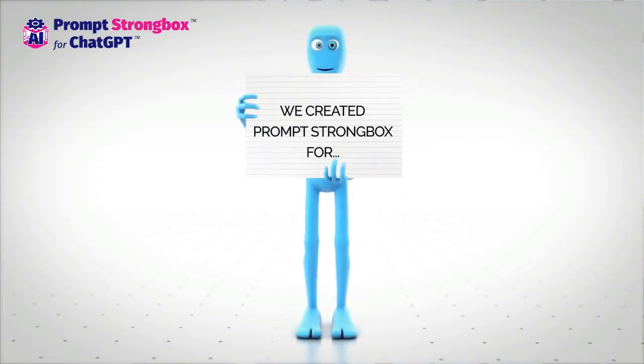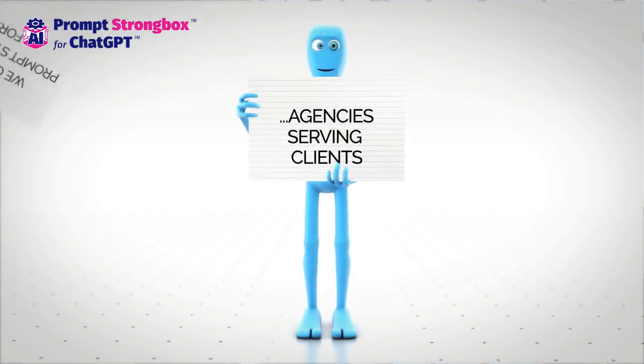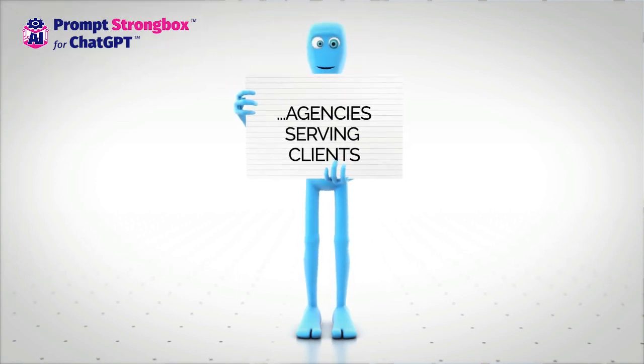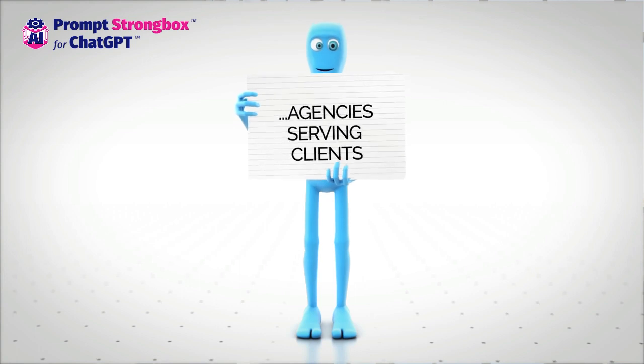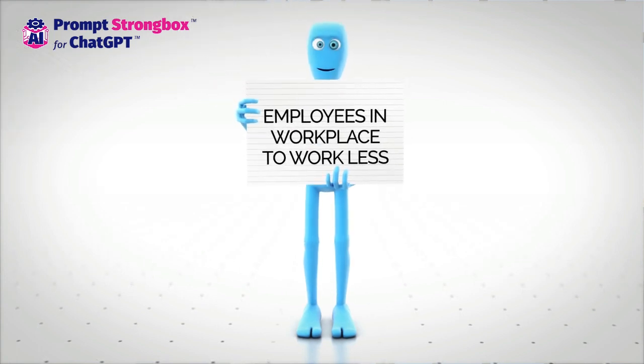We created PromptStrongbox for businesses of all types, including agencies serving clients and employees who use ChatGPT in the workplace and wish to either work less or demonstrate improved performance to get that raise.